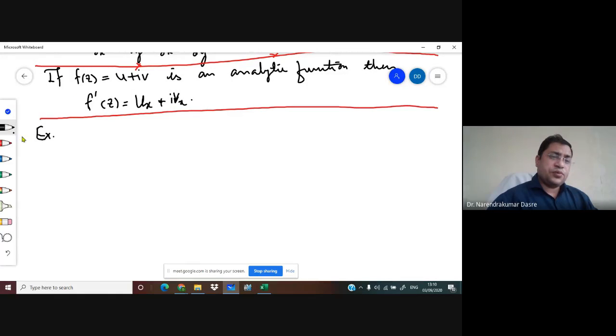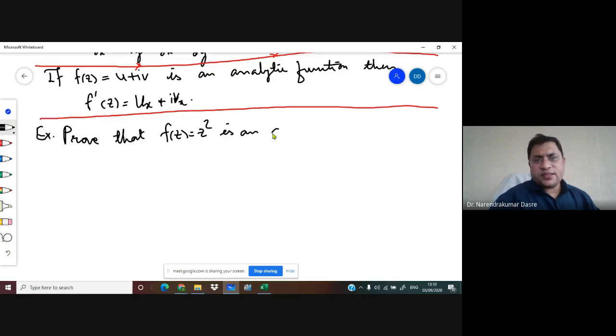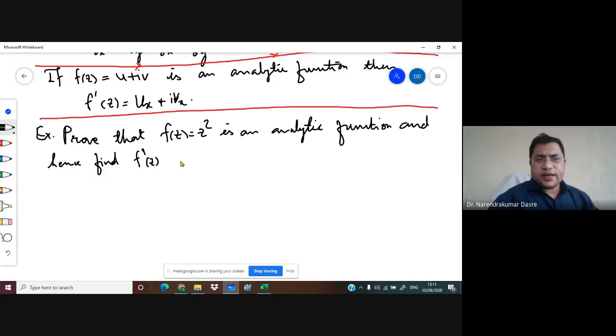Now we have to solve the problem. So let us see the problem. Show that f of z is equal to z square is an analytic function, and hence find f dash of z in terms of z.